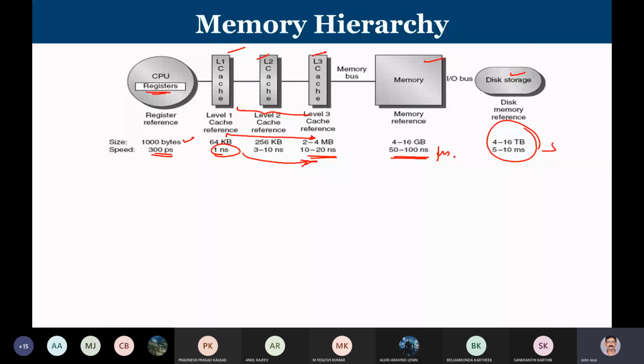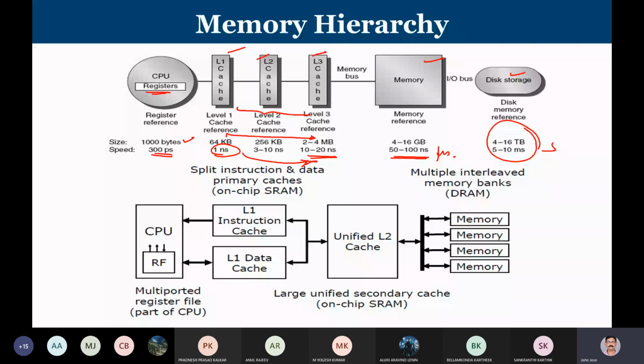rather than one memory and processor. We will be having multiple such memory levels, each with its own access speed and storage capacity. So the CPU has a register file, and then you have the I cache and D cache. From the I cache, the CPU is going to only read, that is happening using instruction fetch, and from the D cache, it is during the mem stage of the instruction pipeline.